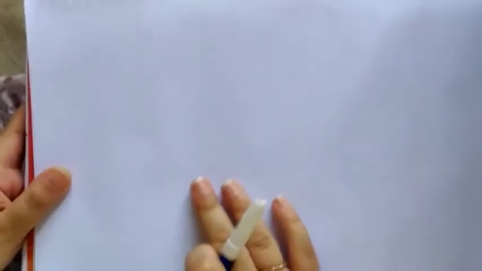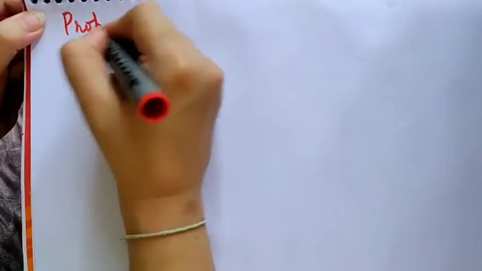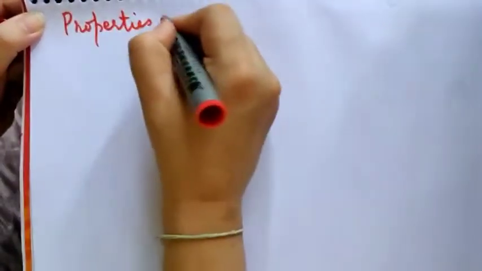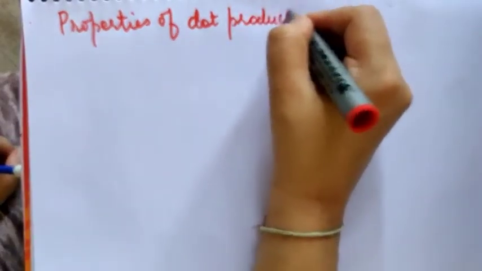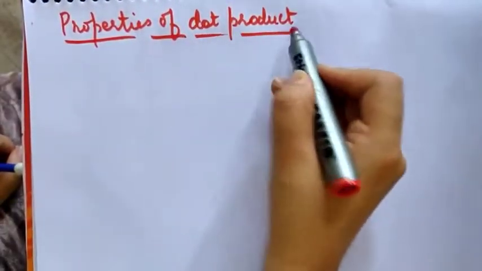So what are the properties of the dot product? Now coming to the heading, it is called properties of dot product. Learning the properties of any new thing is always very important.